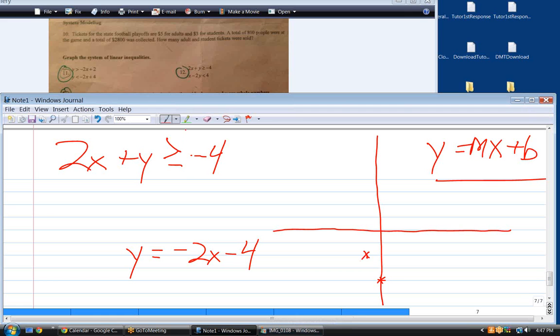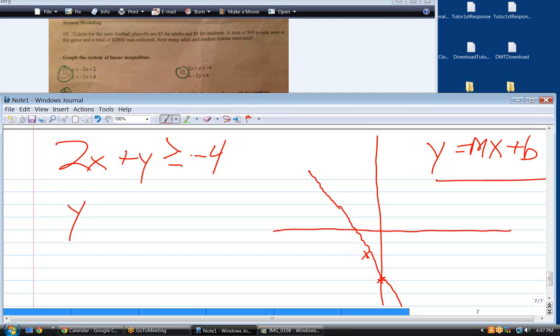Okay? Because this is a greater than or equal, I can make that a solid line. Gosh, hold on. It's hard when you're right-handed to draw from the upper left to the right. Okay, that's close enough. Because it's an inequality, not an equation, which side of that do I need to shade? Would you shade the left side?